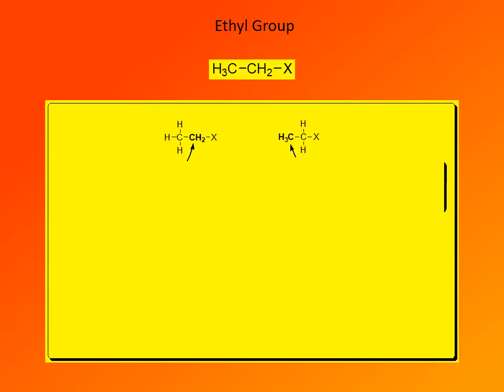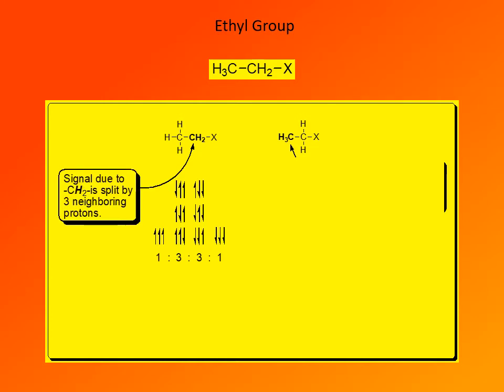So let's look at the CH2 signal first. The CH2 signal is next to 3 protons. And we have just seen that these are possible spin states of those 3 protons. In those spin states, these protons are either going to reinforce or oppose the external magnetic field. So they will de-shield or shield the CH2 group from the external magnetic field. And these spin states have probability of occurring of 1 to 3 to 3 to 1, as we have just seen in the previous analysis.